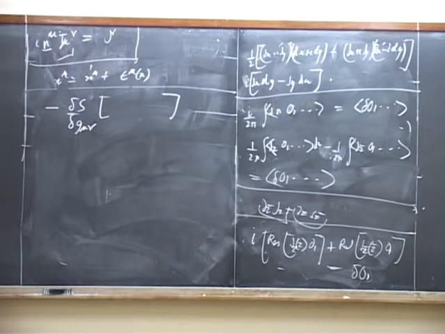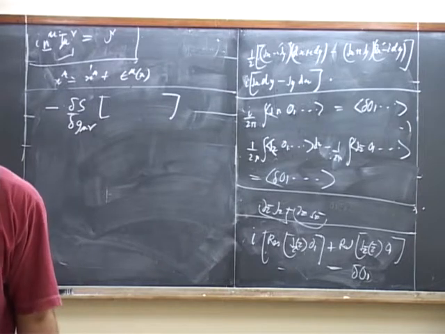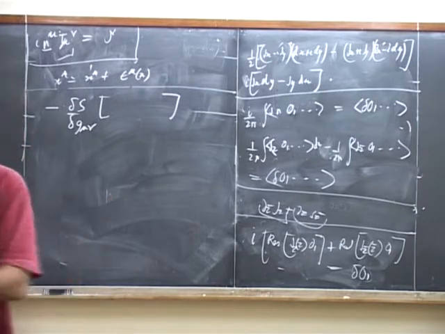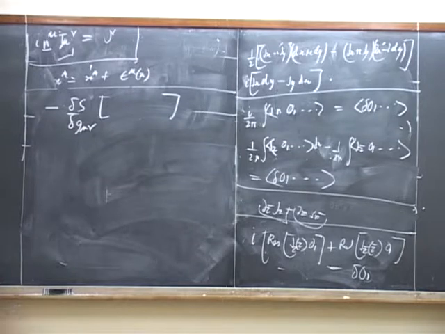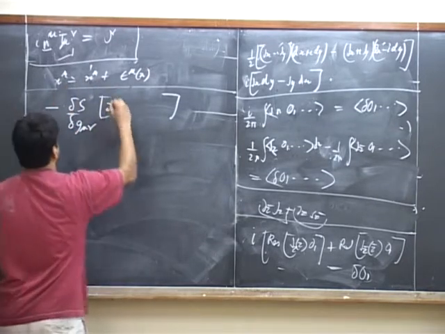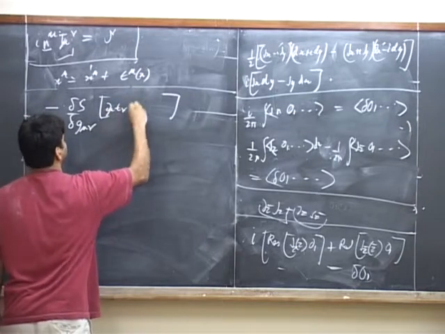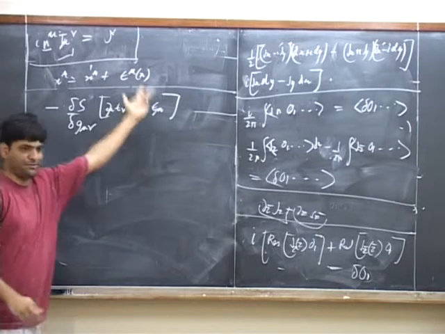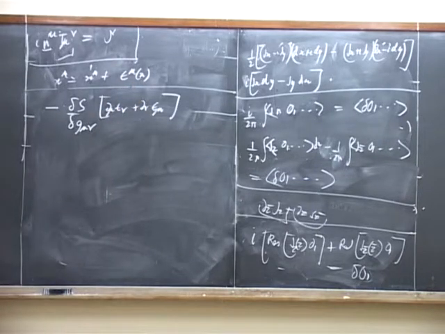Now, what is the change in the metric induced by such a coordinate change? It's easy to work out. Once you've worked it out a couple of times, you generally remember this. It's got a fancy name: the Lie derivative of the vector field. But about flat space, at leading order, the answer is simply del mu epsilon nu plus del nu epsilon mu. This is the change in the metric induced by this coordinate change.